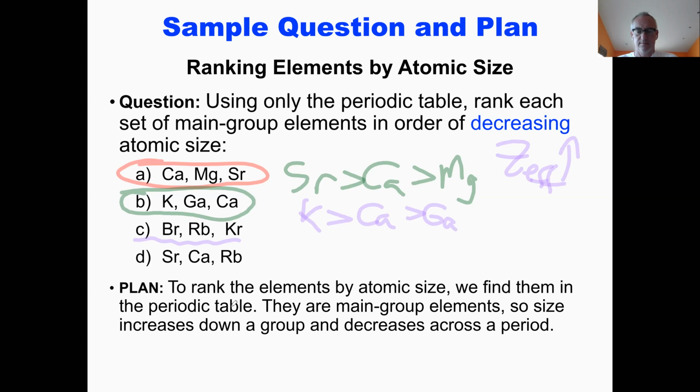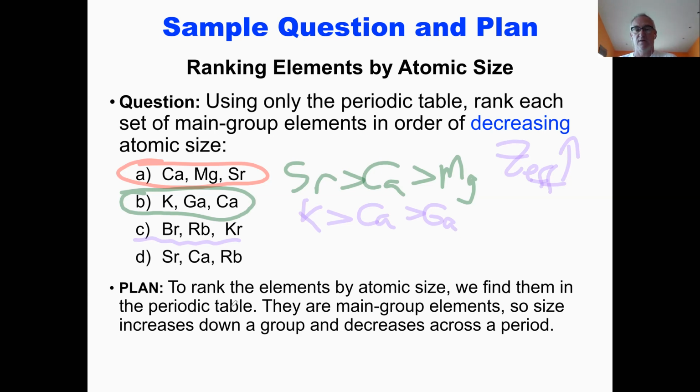They're in a different period and a different group. Okay, different periods and different groups. So in that situation, which one is going to be bigger? The one that's in a different group or a different period?